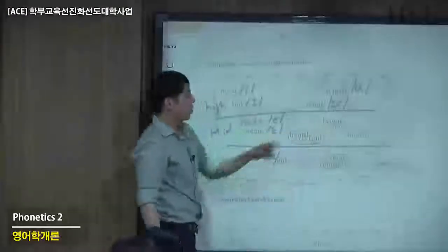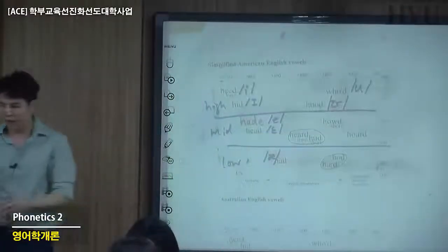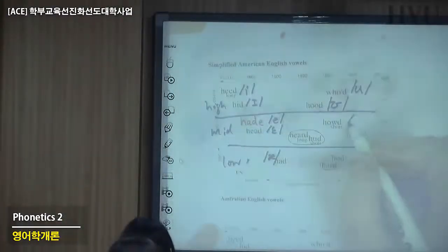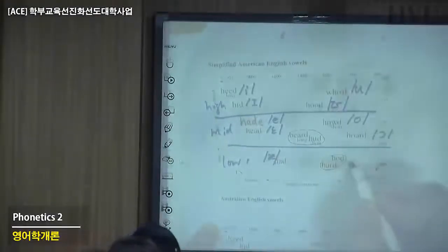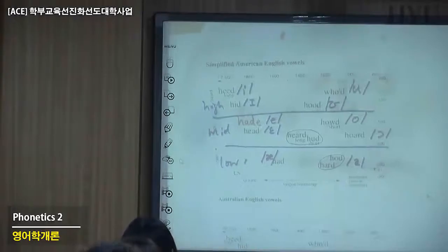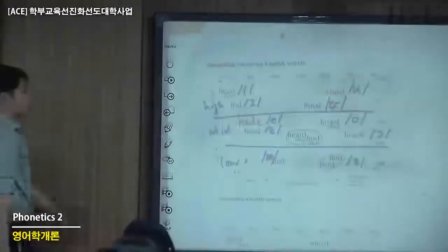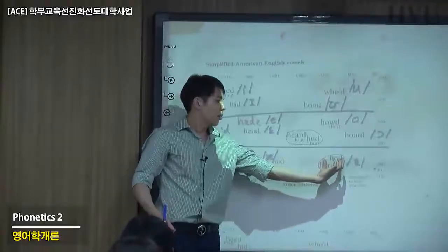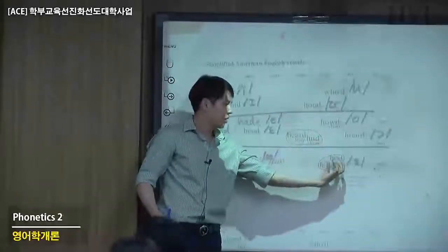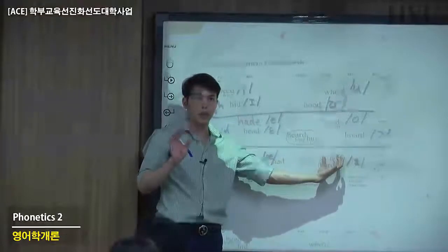And then Hood, just the name of a person, that's o, hoed, and horde. And this is hawed and hard. Same thing. You don't need to recognize the difference between these because as you can see, they are plotted on the graph here very close to each other, so not much difference.